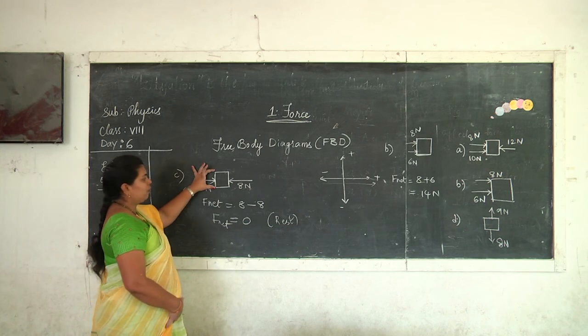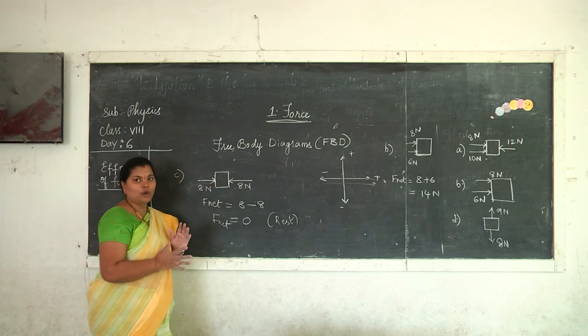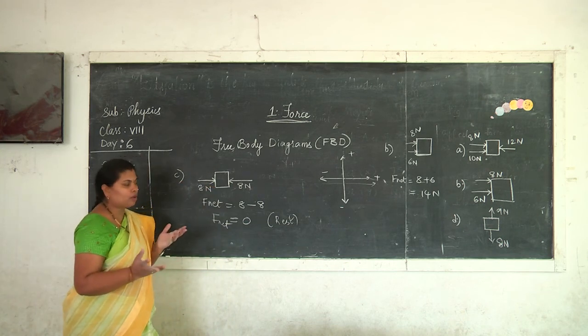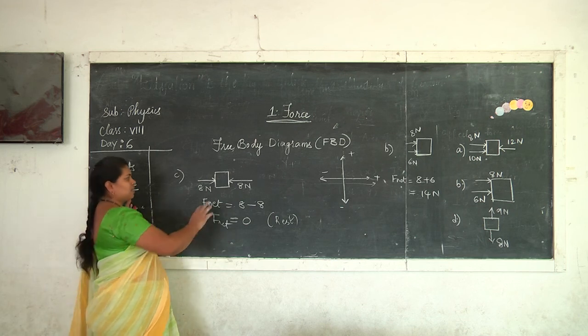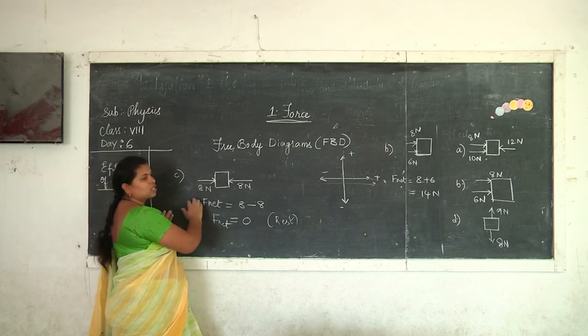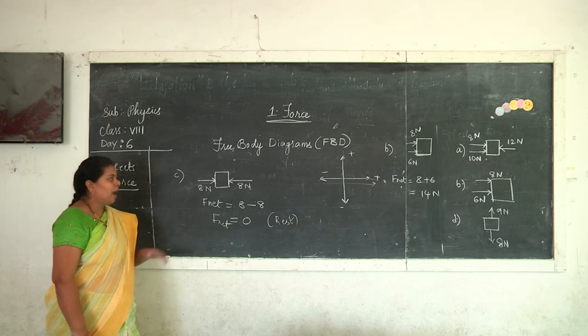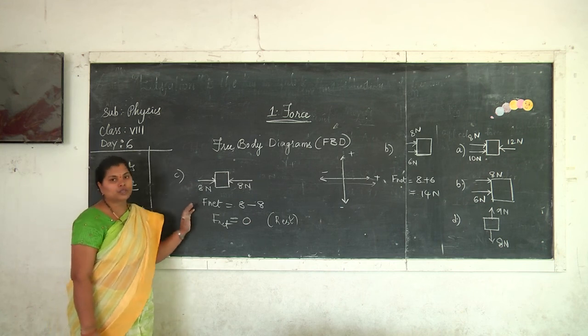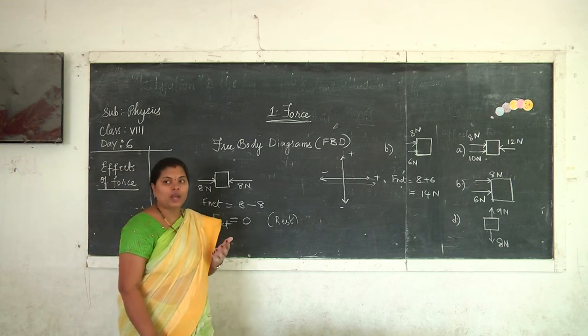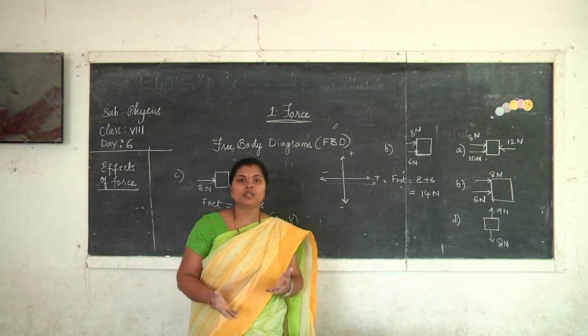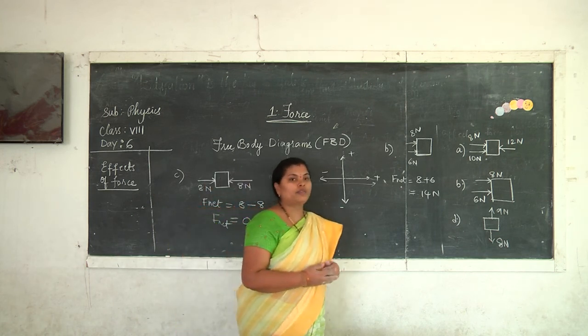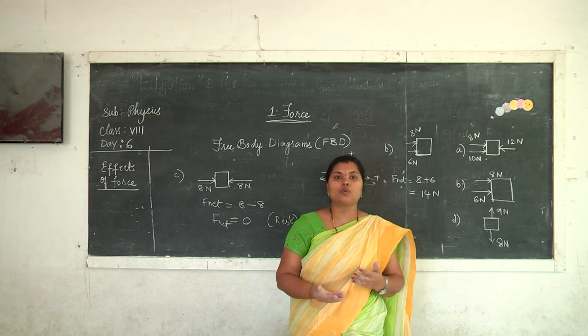The body is just drawn roughly, no shape and size need be drawn. It's not necessary, and only the forces acting on the body will be shown, and we need to calculate the net force from this. What is the purpose of calculating net force?